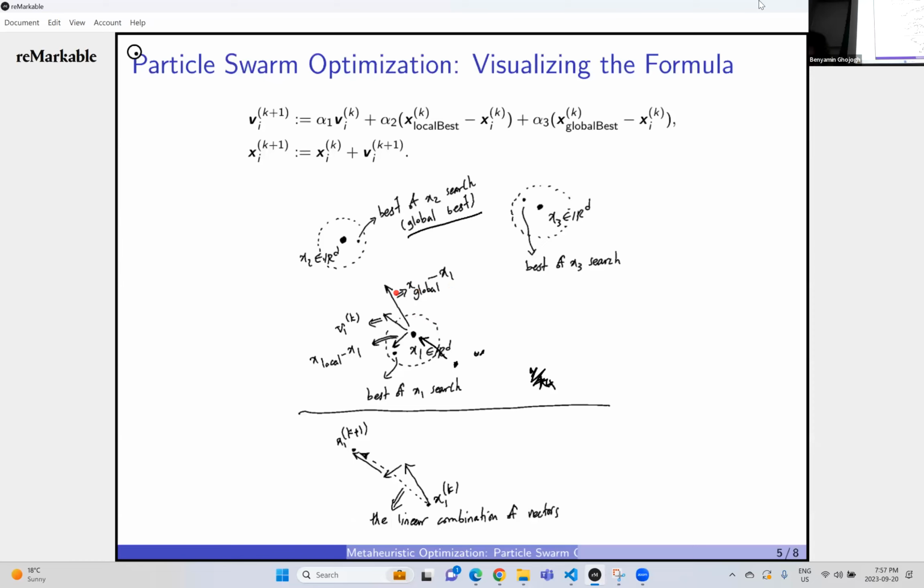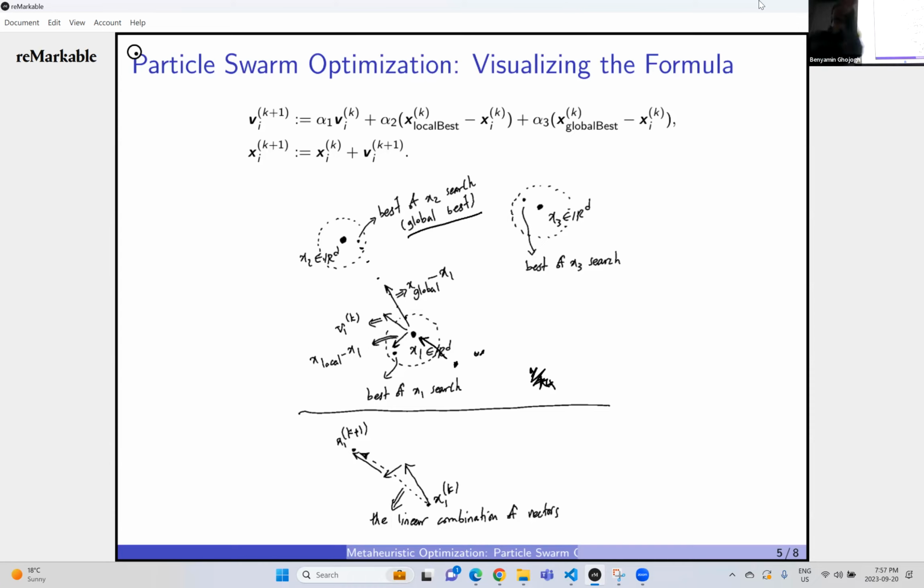Now I have these three vectors. I can add them, but with what weight? Toward the global best, I can come here, here, here. Those alpha values decide that. So usually you use fractions between 0 and 1.